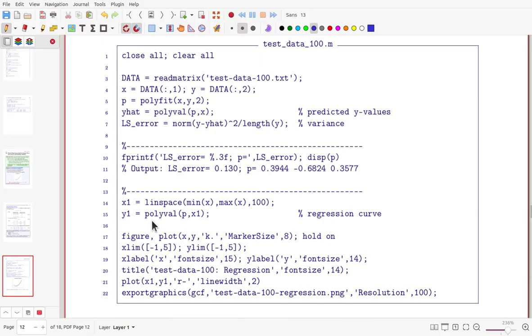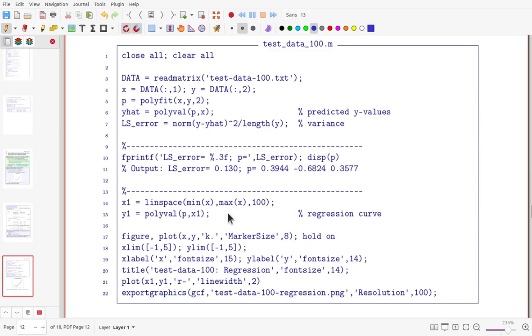And here we try to get the regression curve. We chose 100 points between the minimum x value and the maximum x value.